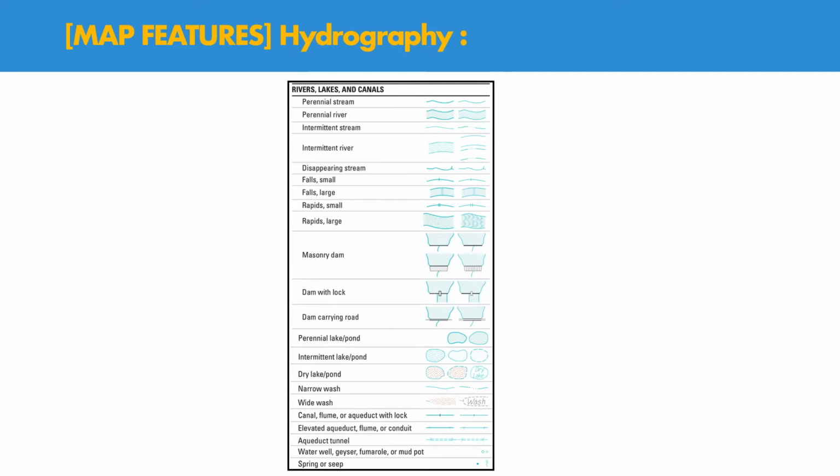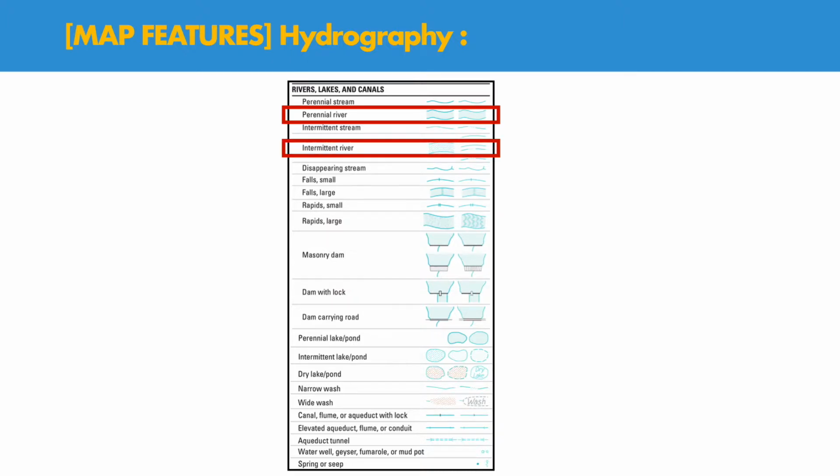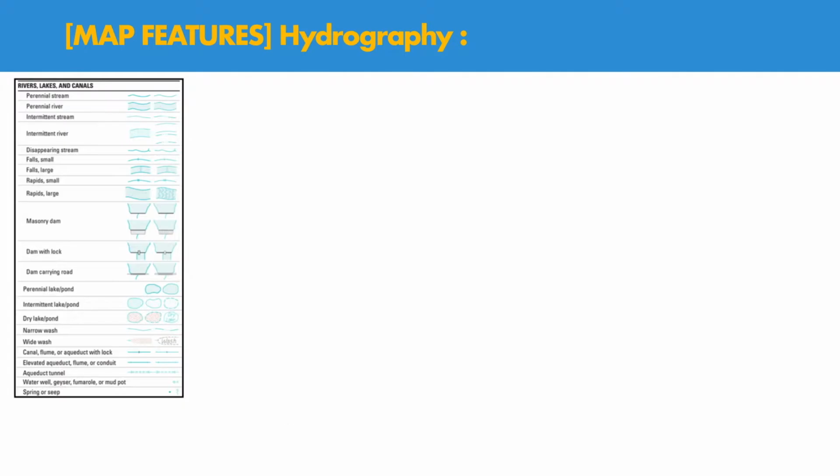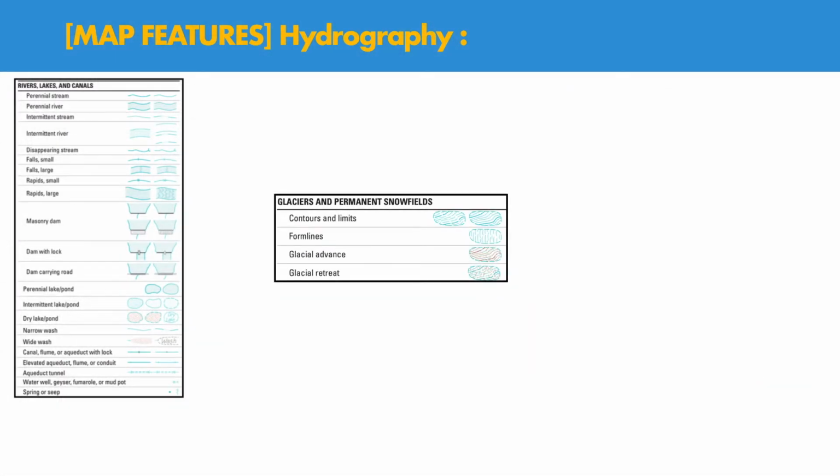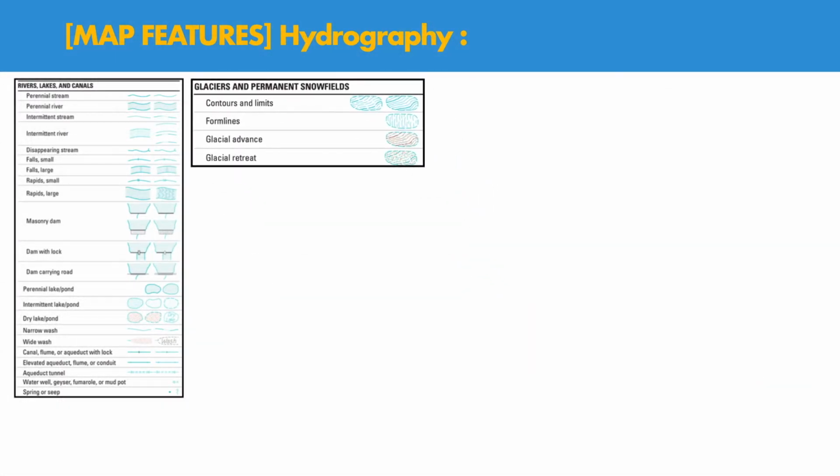Here I regrouped any symbols related to hydrography in the USGS map legend. Like we see here, all the kinds of streams like perennial, intermittent, or disappearing are represented just by a line, and all the rivers are represented like this. These are all the symbols that represent glaciers and permanent snowfields.